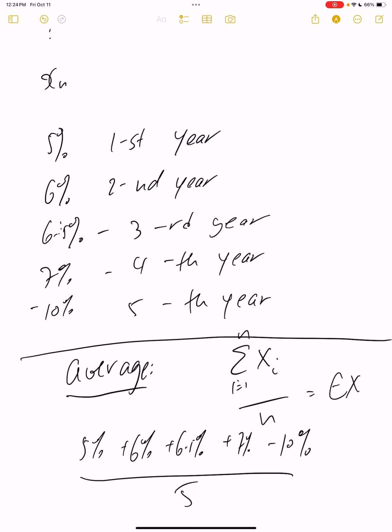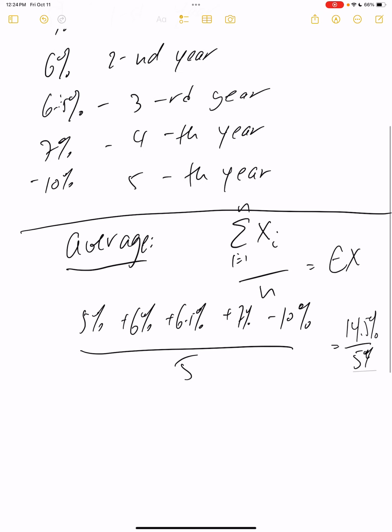So when you add them up, you are going to get 11%, 17.5%, 24.5%, minus 10%. So the average return is 14.5% divided by 5. Okay, so whatever this number is. Now, this is the expected value, and this is the sum of the returns of the series divided by n.